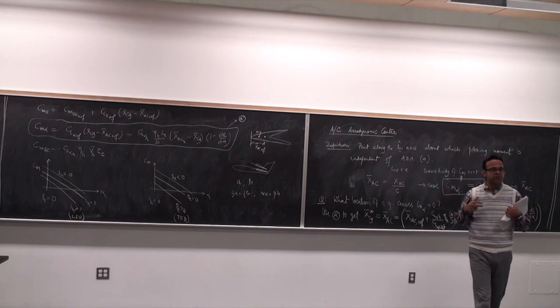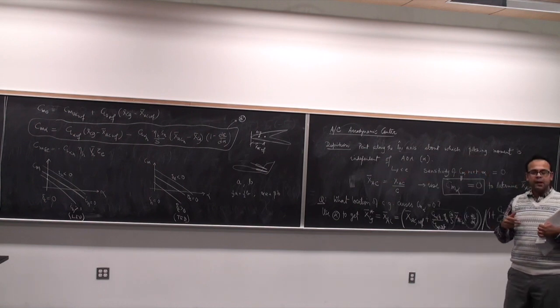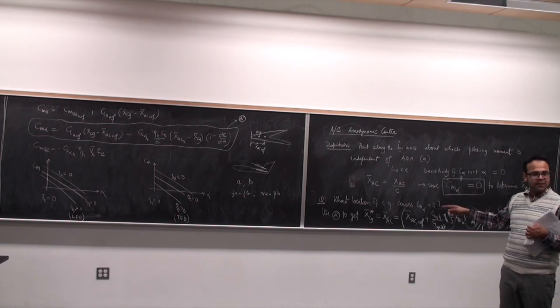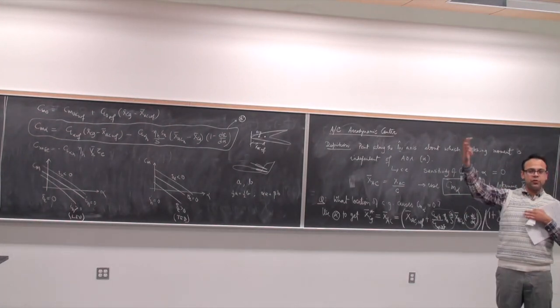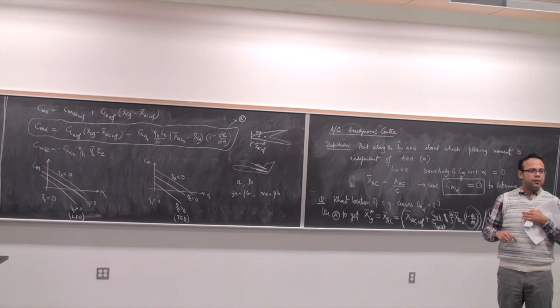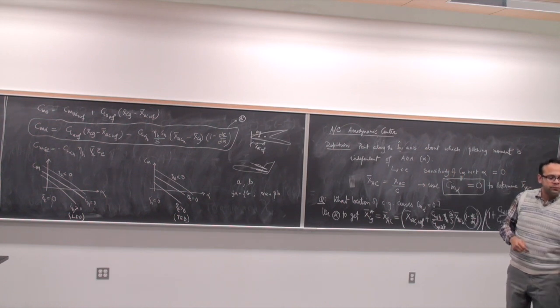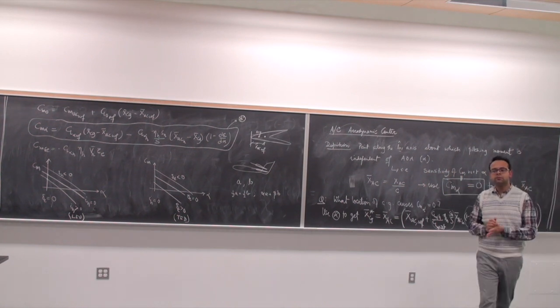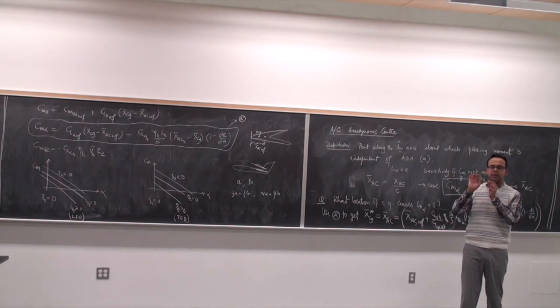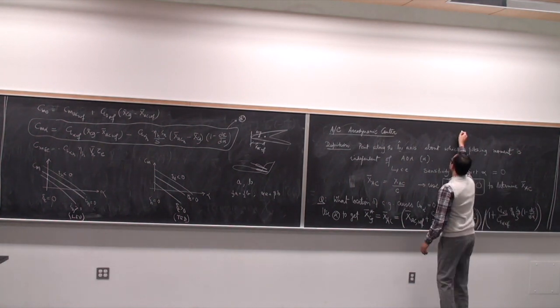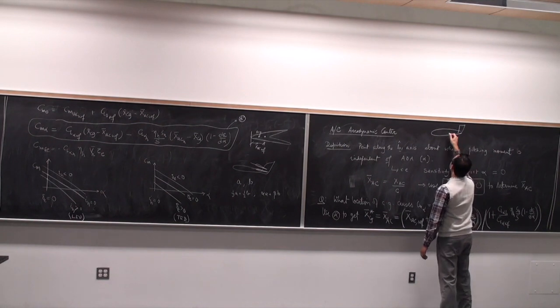So to have more stability, where should we have this aerodynamic center? Further up or further aft? Suppose this is the aircraft, and here's the CG, the actual CG.